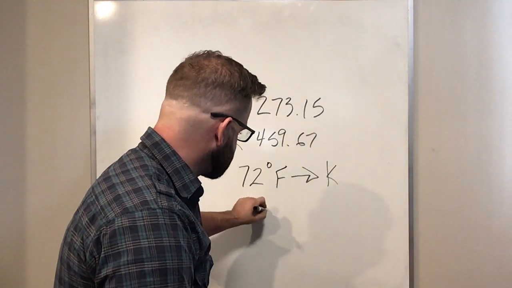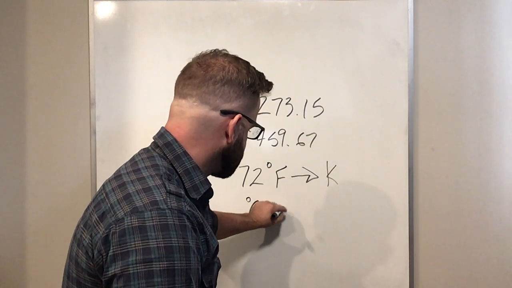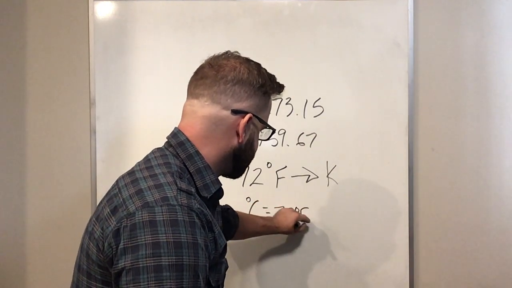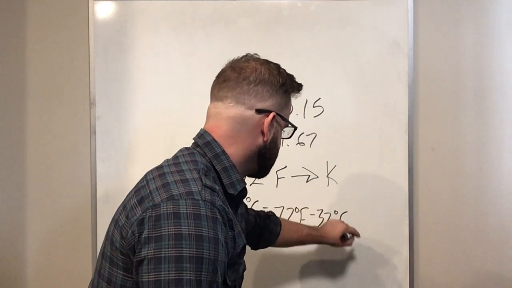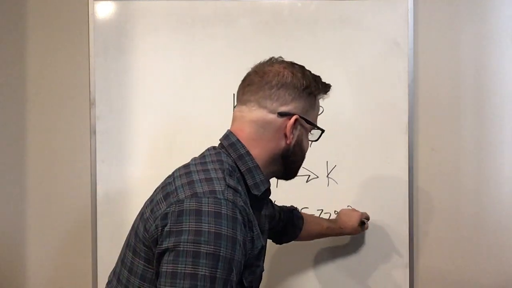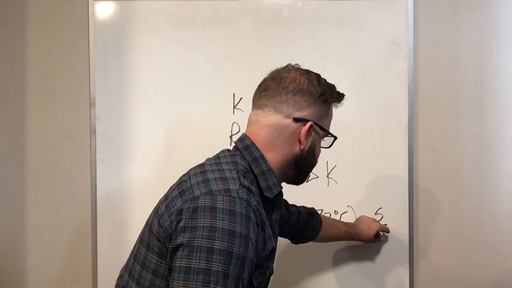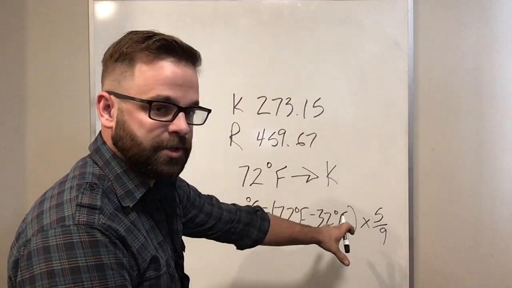So degrees Celsius, and our formula is our 72 degrees Fahrenheit, subtract 32 degrees Fahrenheit, and then we multiply that by 5/9, and that gives a smaller value because it works out to be a decimal.